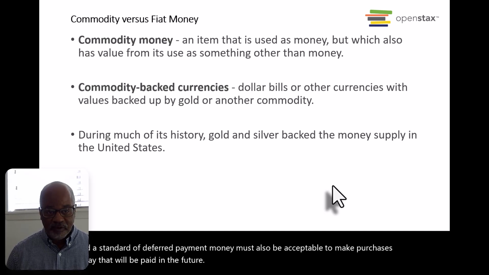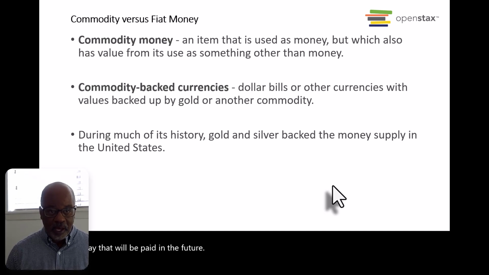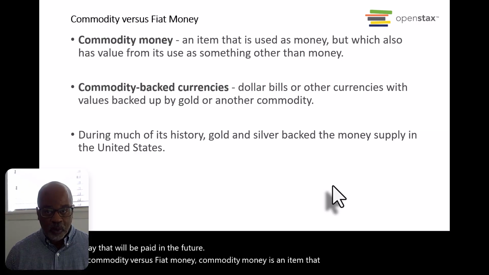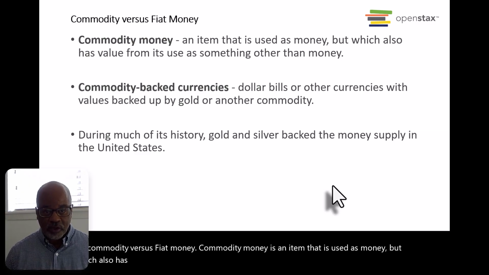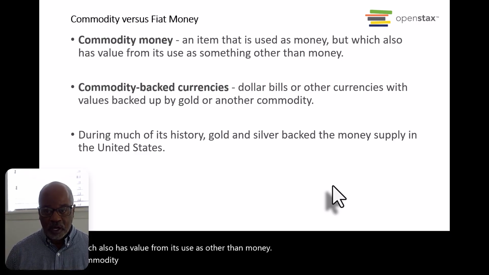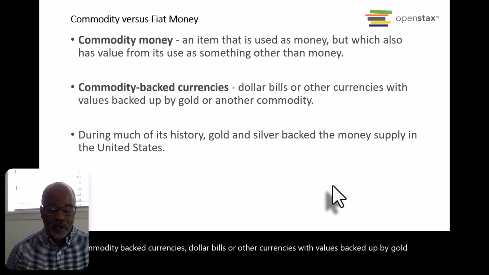So, commodity versus fiat money. Commodity money is an item that is used as money, but which also has value from its use other than as money. Commodity-backed currencies are dollar bills or other currencies with values backed up by gold or another commodity.